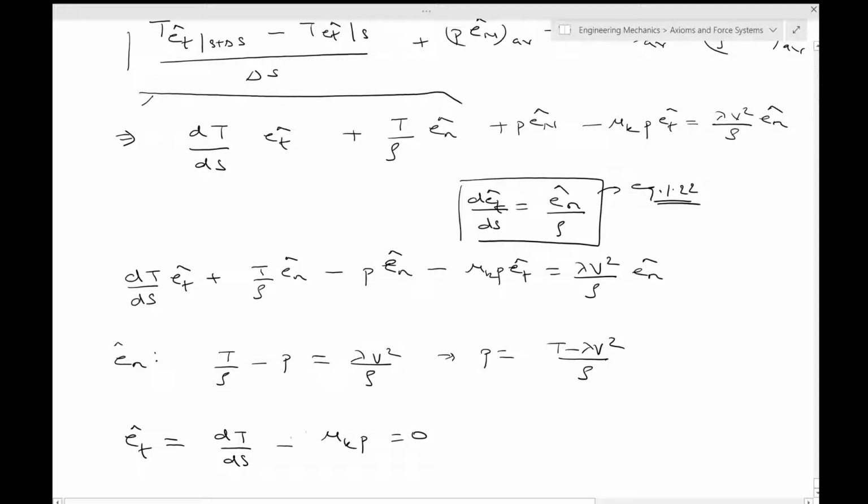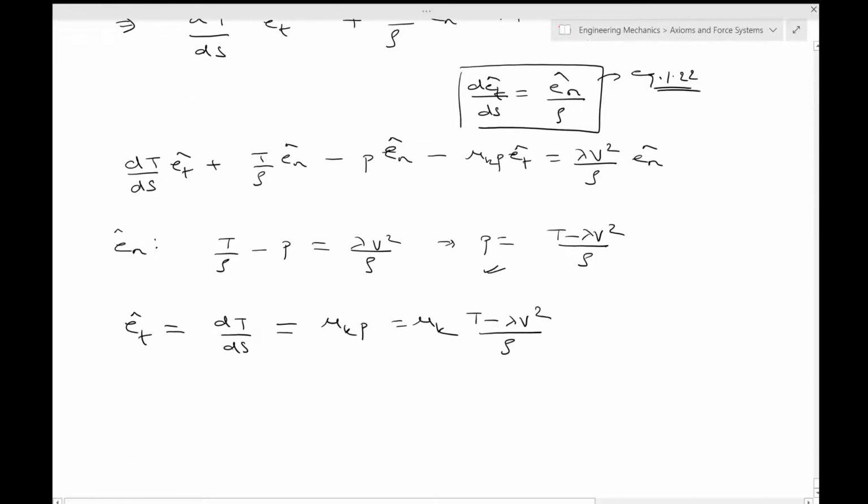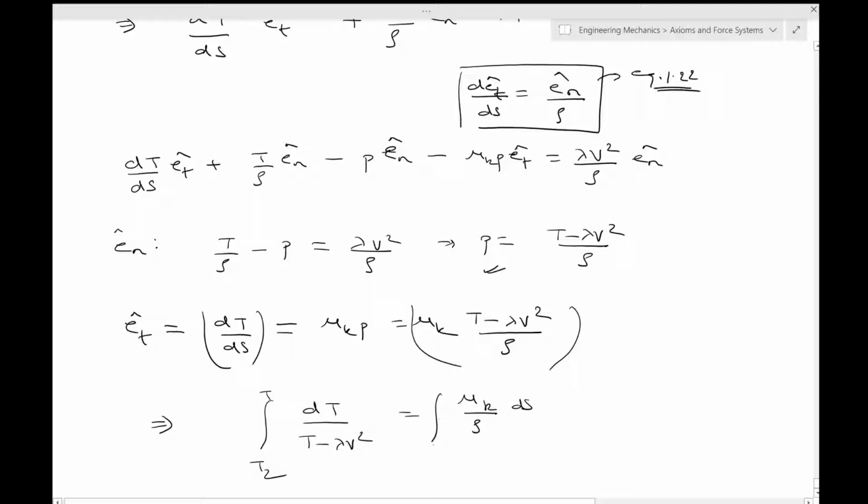Substituting p, which is t minus lambda v square by rho, and performing an integration, we get dt by t minus lambda v square equal to mu k by rho into ds, with t going from T2 to t and s from 0 to s.